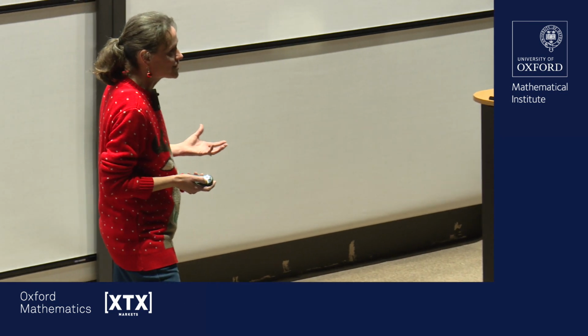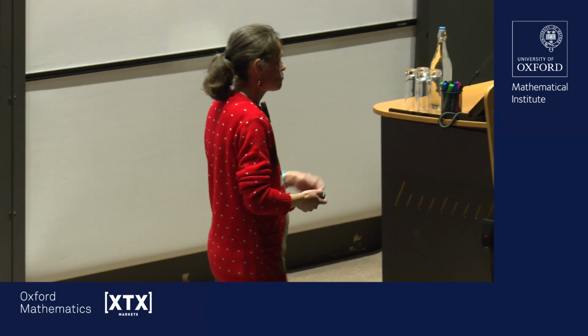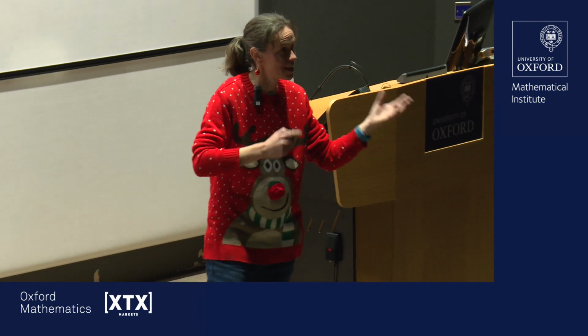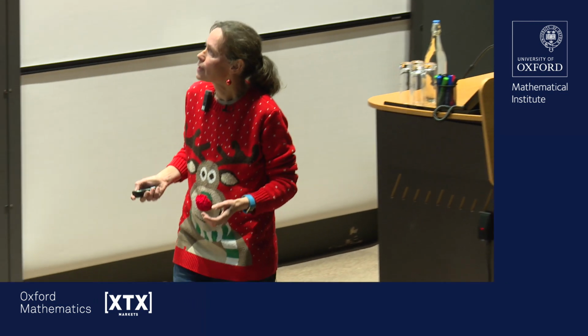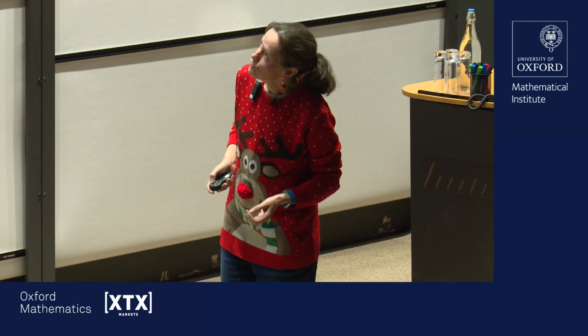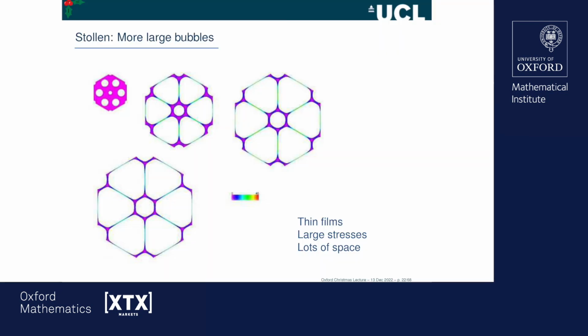I never quite managed to do the full plethora of lots of little bubbles and lots of big bubbles and lots of medium-sized bubbles all at once. But from this, if we have a higher population of the big bubbles and only half as many of the little bubbles, what you end up with, and here it's very difficult to see what's going on if I just give you the little replicating element, so we've made the big picture out of it, you end up with very high stresses.